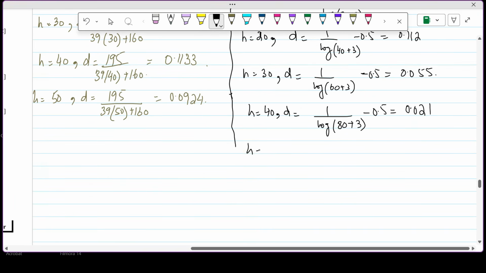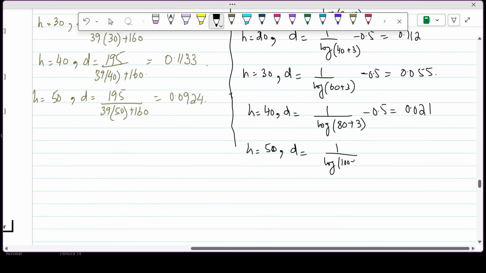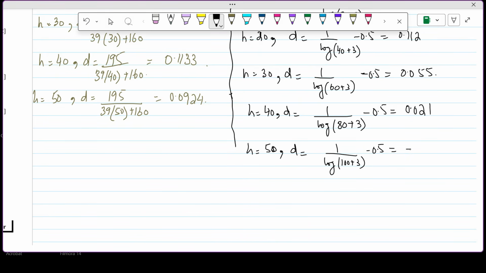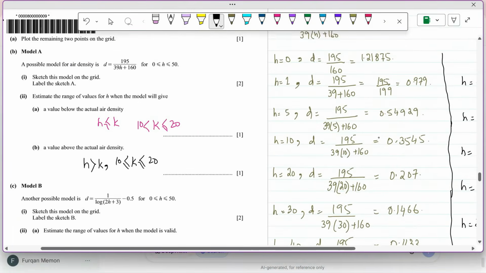When height is equal to 50, air density is 1 over log of 100 plus 3, minus 0.5, which is negative 0.003. Okay, let's plot this graph.